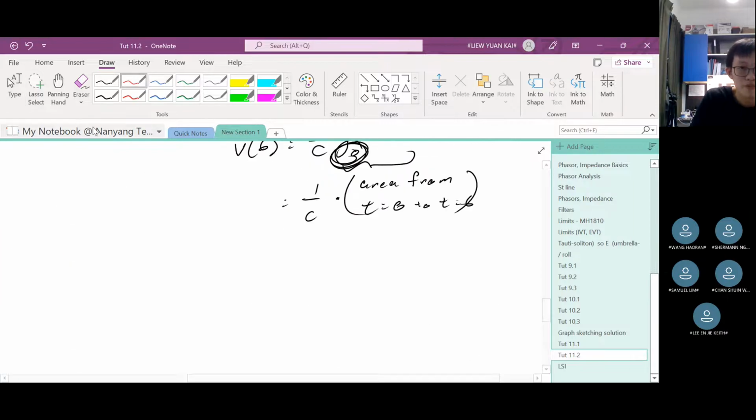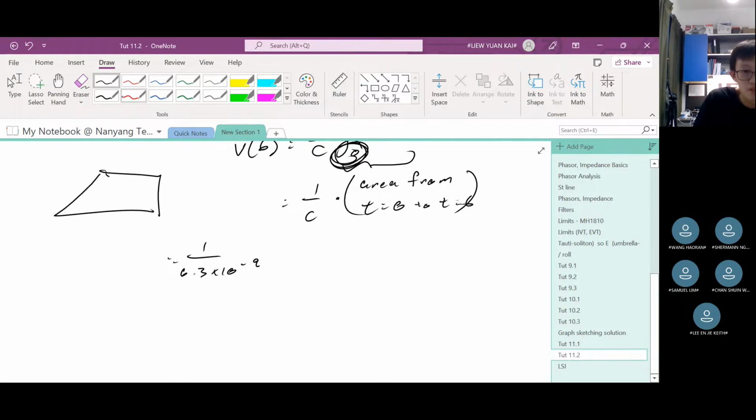So plug in the numbers, you will get 1 over 0.3 times 10 to the power -9. For a trapezium, the formula for area is half height A plus B, right? This is height, this is A and B. A and B are the parallel sides.